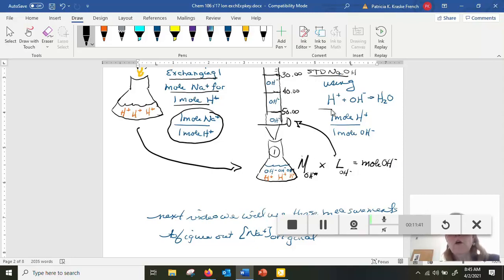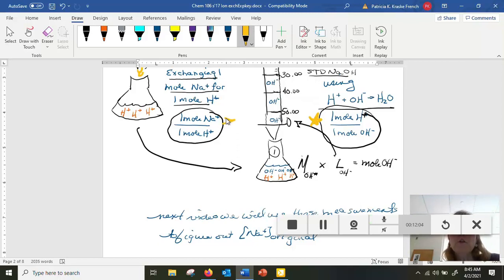Now, as always, in our particular case, the number of moles of hydroxide is equal to the number of moles of hydrogen. So as soon as you know your number of moles of hydroxide, you can use this molar ratio to find your number of moles of hydrogen. And as soon as you know the number of moles of hydrogen, you know the number of moles of sodium. So that's essentially what you're doing today.